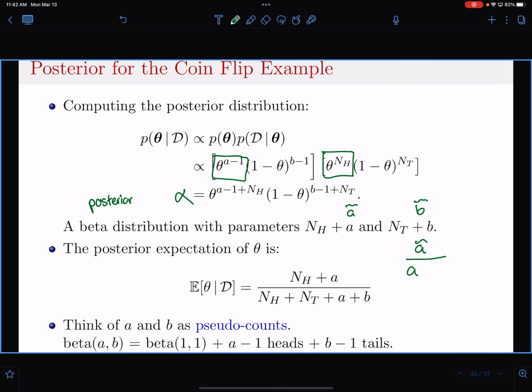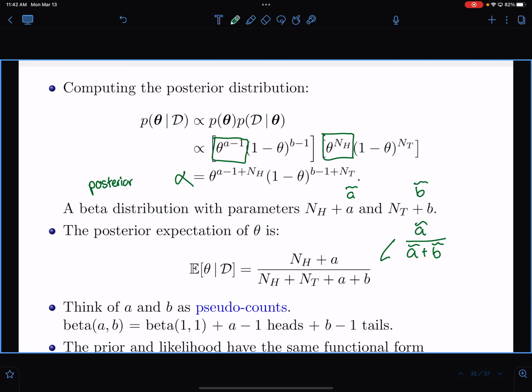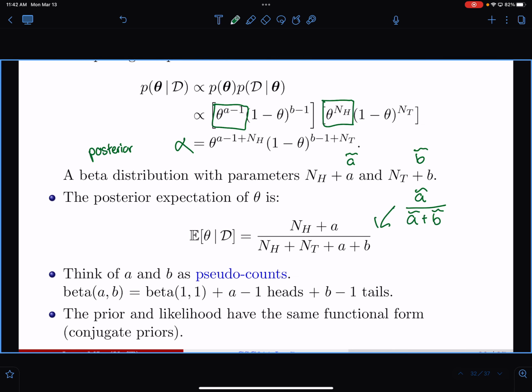Our expected value is just this term here, or written out, this term over here. So now we can estimate our parameters after observing the data and given our prior to be this estimate here.